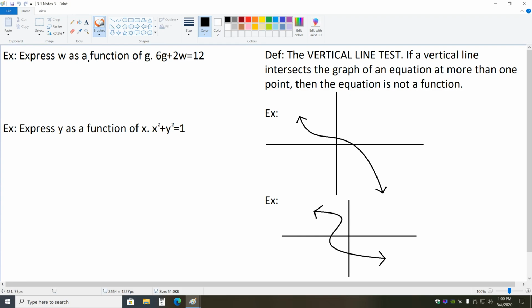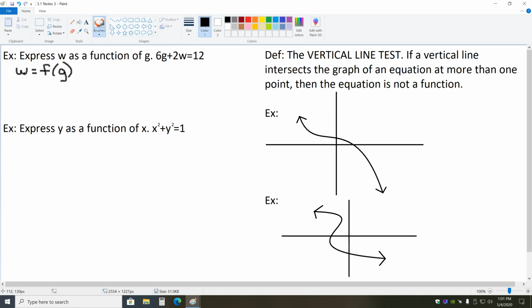So that means we are getting w equal to something involving g. Just like we say express y as a function of x, y equals f of x. Well, in this case, express w as a function of g means we are trying to find w equals f of g.